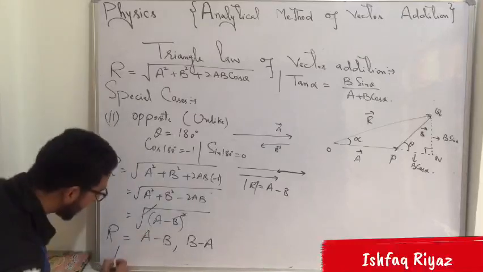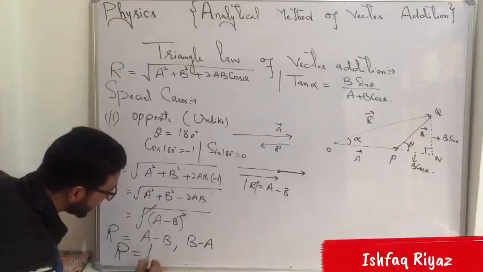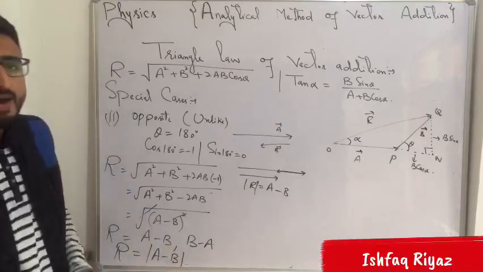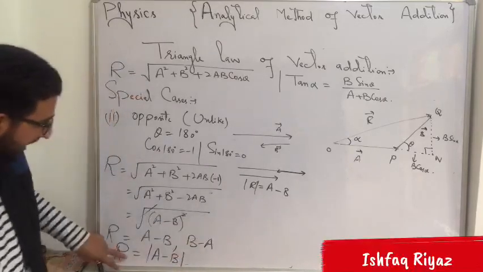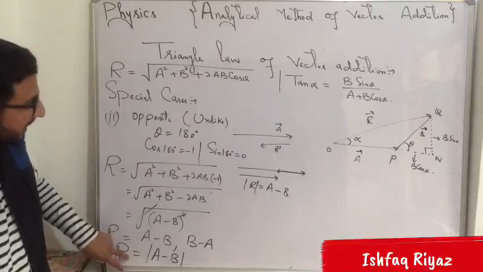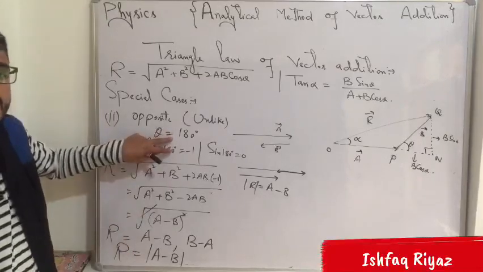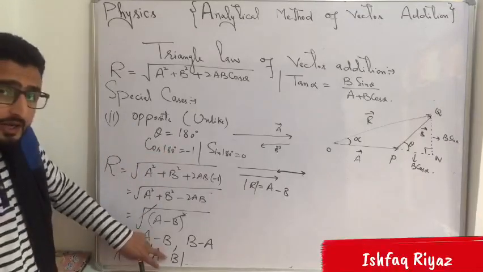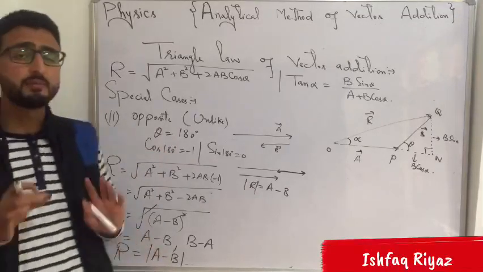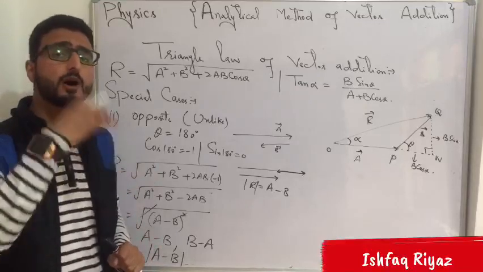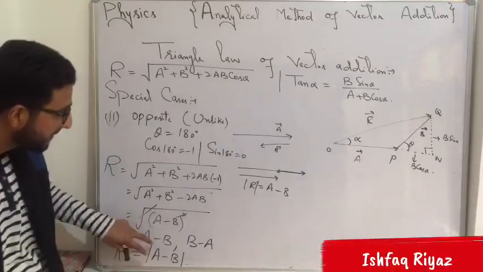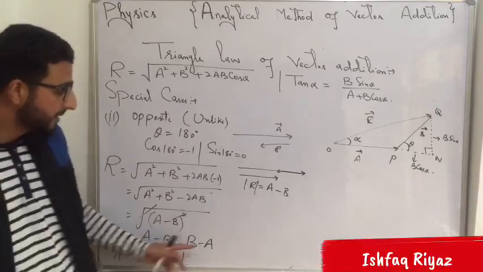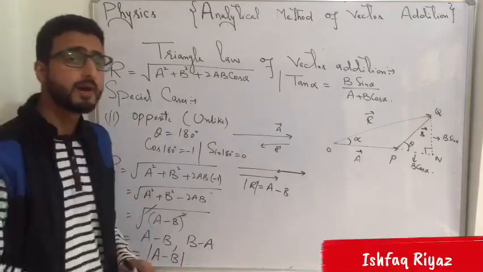So simply I can write the magnitude of the resultant vector R is equal to modulus of A minus B. That is the magnitude of the resultant vector R when the two vectors are acting in opposite direction, equal to the algebraic difference of their magnitudes, either A minus B or B minus A, depending upon which is greater. So if A is greater than B, it will be A minus B. If B is greater than A, it will be B minus A.